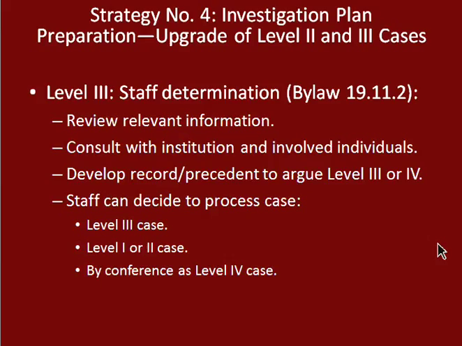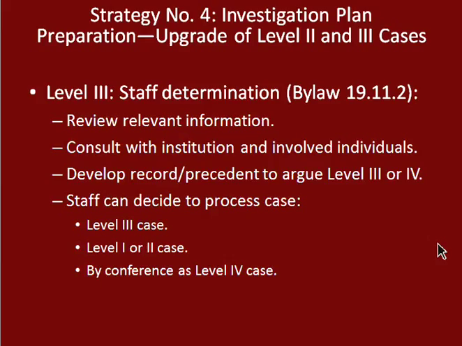If the information is there, you need to analyze the allegations, the bylaws involved, and whether there's available case precedent. Is it possible that this case could be upgraded by the enforcement staff, or considered by the hearing panel to be upgraded, from a level 2 case up to level 1, or from a level 3 case up to a level 1 or level 2?